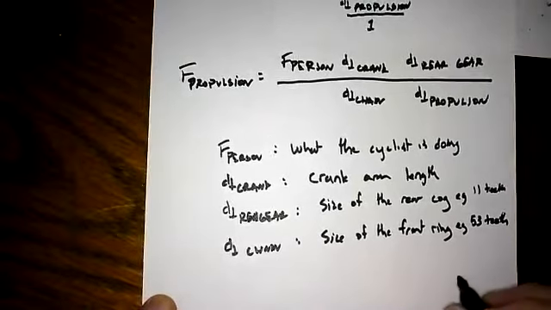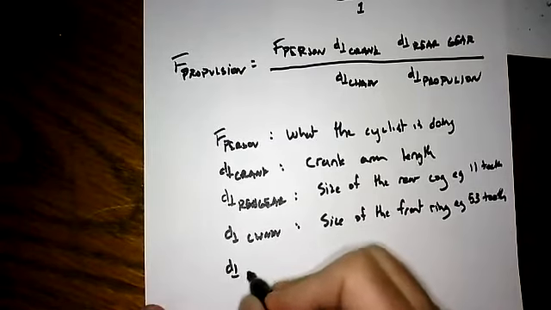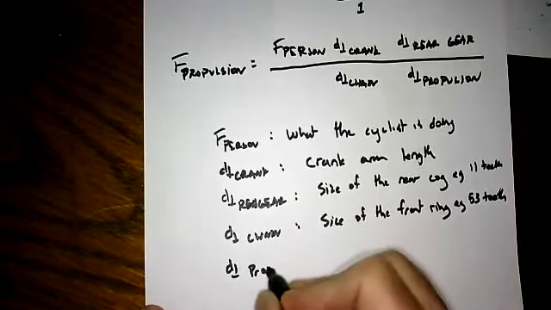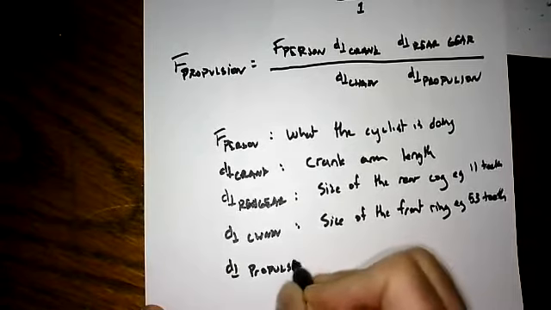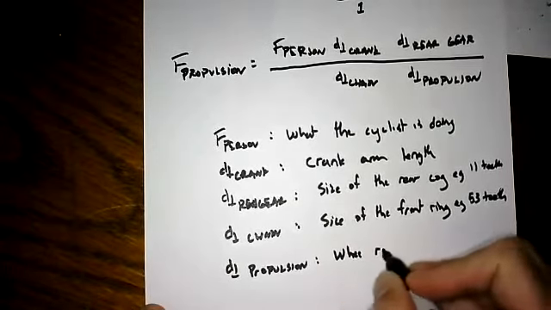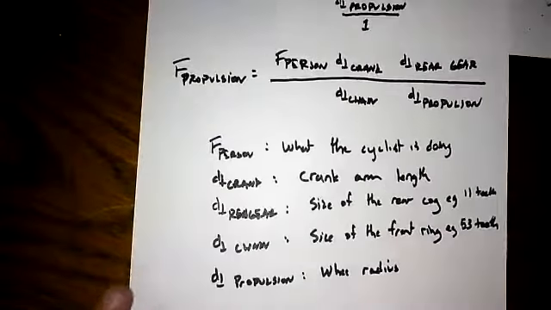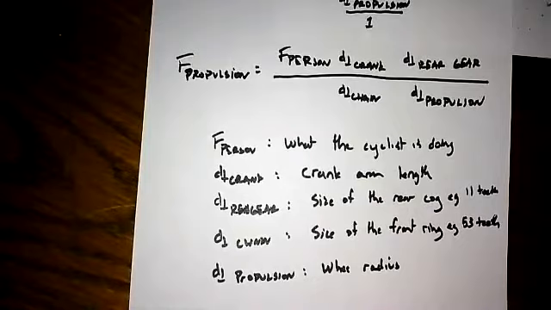That describes the size of that big ring. And then D perpendicular propulsion is the wheel radius. All right, so those are our parameters.